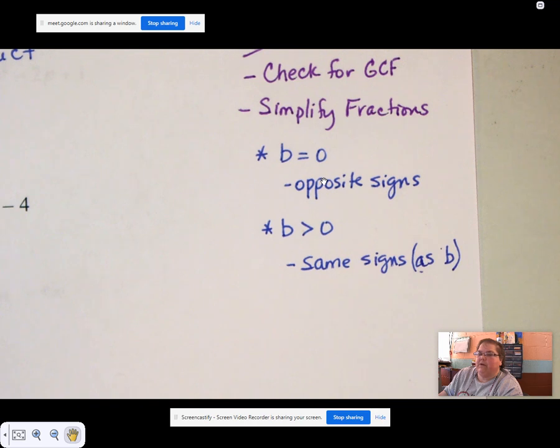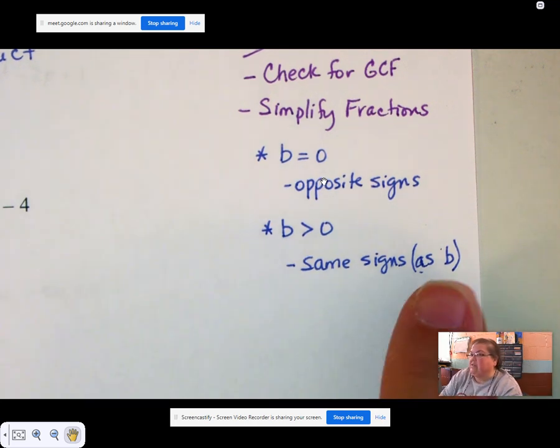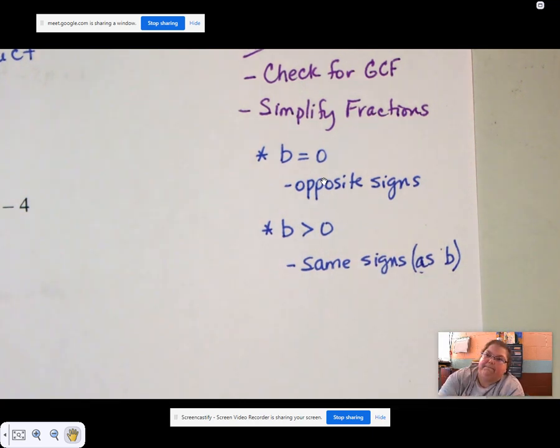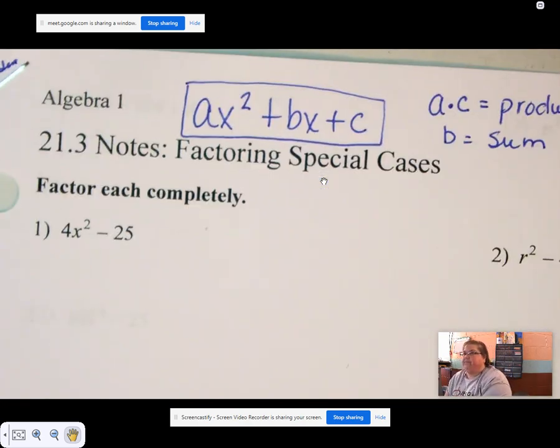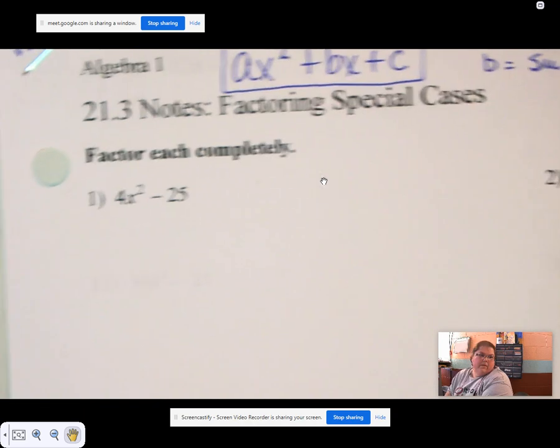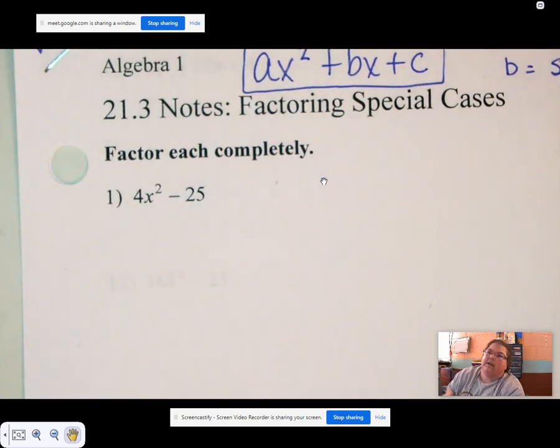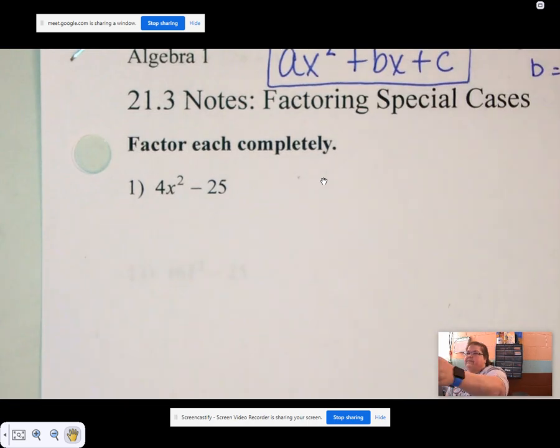Check for GCF always. Simplify your fractions always. When B equals 0, we're going to have opposite signs in the binomials. When B is greater than 0, we're going to have the same signs in the binomials, and they're going to be same as the B. There is a pattern to these.